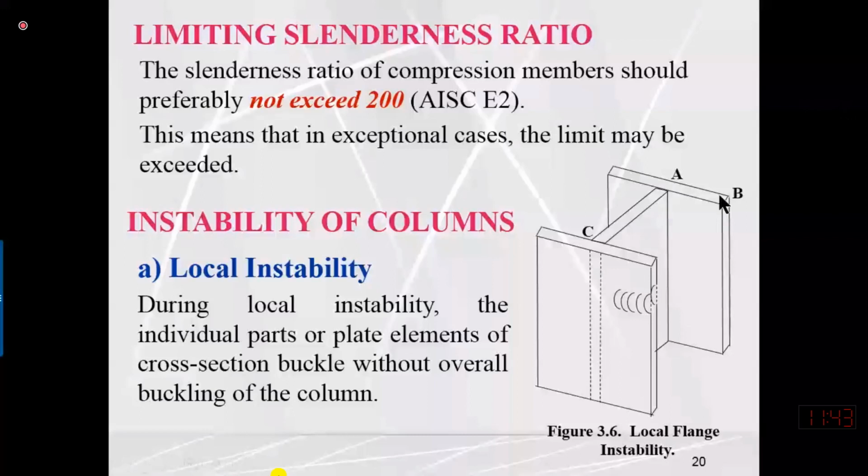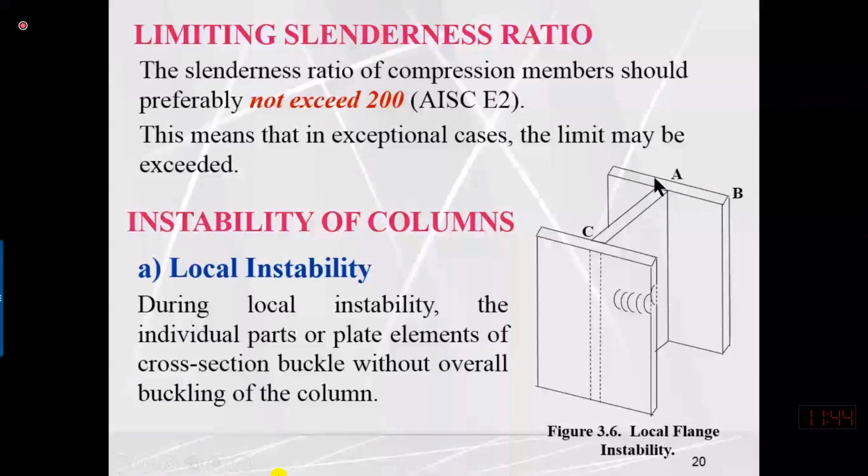The unstiffened element in the case of a channel and a W section is the flange, and the stiffened element in the case of a channel and I section is the web.